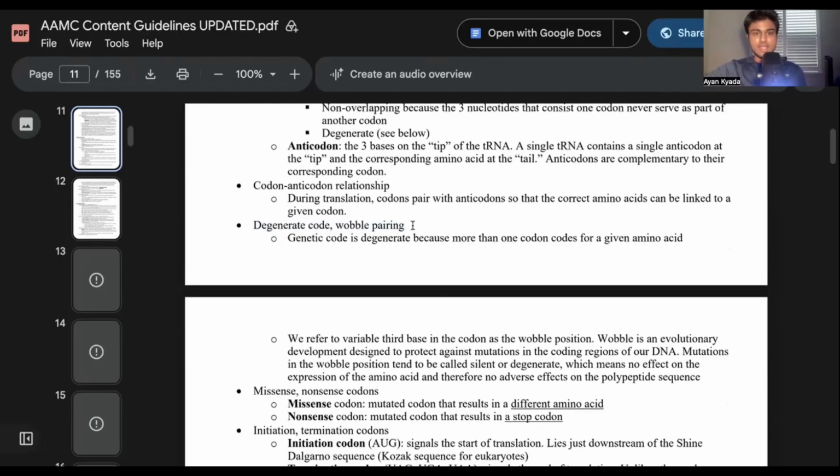For instance, A would correspond to a nitrogenous base of U because, of course, we're talking about RNA right now, and G would correspond to a base of C. But for the third nucleotide position, or the corresponding first position of the anticodon, it doesn't necessarily have to follow the typical hydrogen bonding pattern rules. For instance, it could even break some of the typical hydrogen bonds, allowing it greater flexibility.